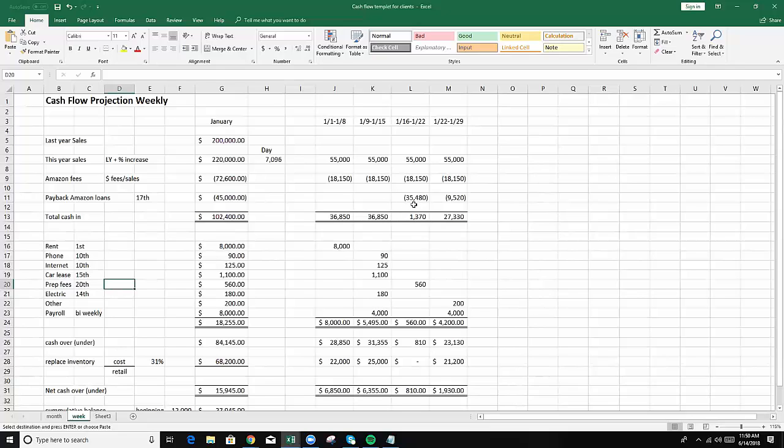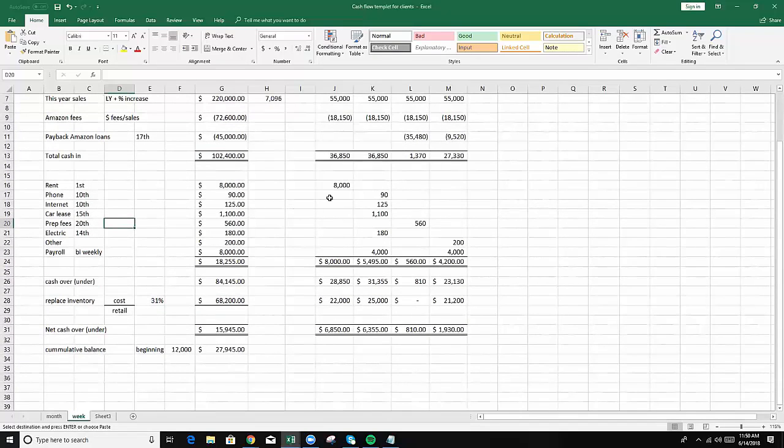So I knew on the 17th, this is what we had to pay. We had to pay $45,000, and based on my sales projections by day, I figured they're going to take 35 that week and 9,500 the next week. See these two?